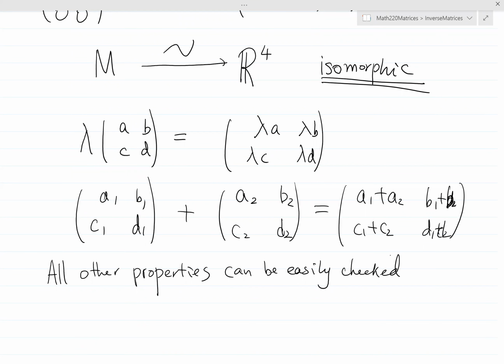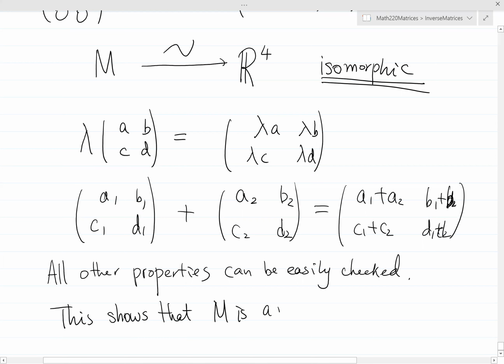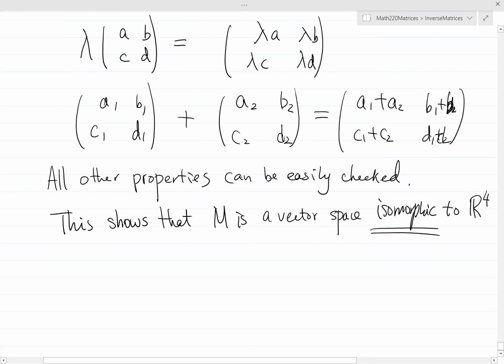It's the same thing as R4. So this shows that M is a vector space isomorphic to R4.